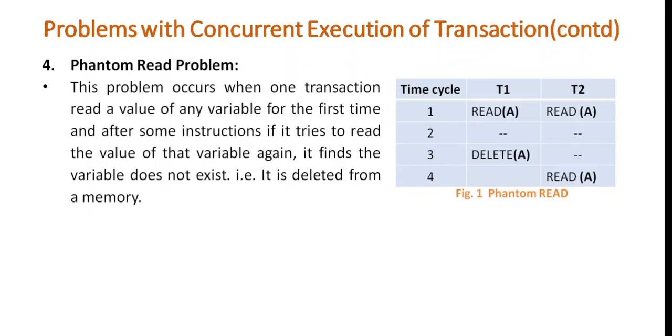And in fourth time cycle, transaction T2 is again reading the value of A. But since that A is deleted by T1 in third time cycle, in fourth time cycle T2 will not get the value of A in memory. It will get an error that A doesn't exist or A is deleted from the memory. Okay, this is called as phantom read problem.